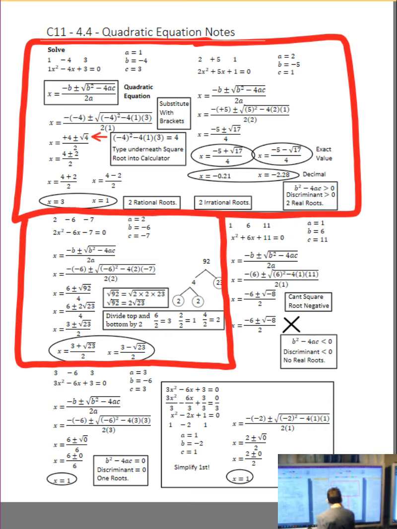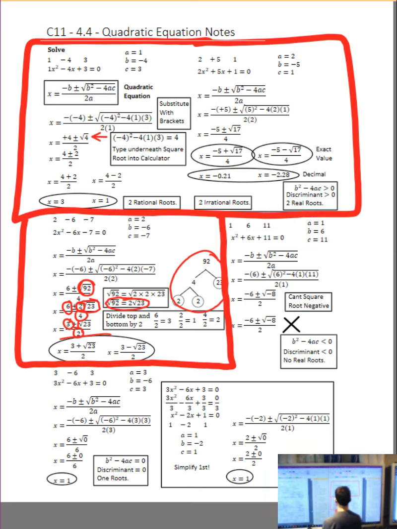In red, we have this root 92. So we have to do prime factorization off to the right to simplify root 92 to be 2 root 23 and put it back in the question. Then we can divide the 6, the coefficient 2, and the 4 all by 2. So we get 3, 1, and 2.